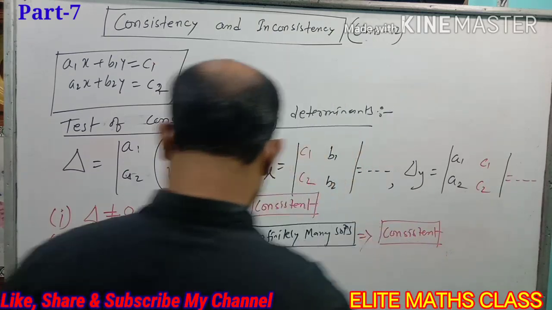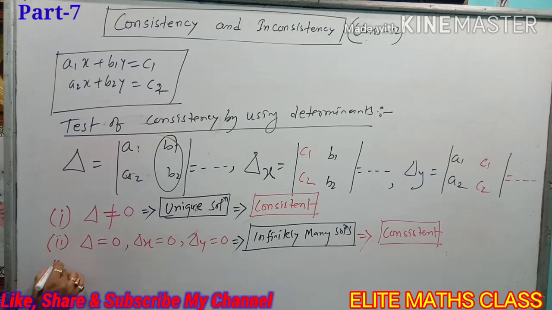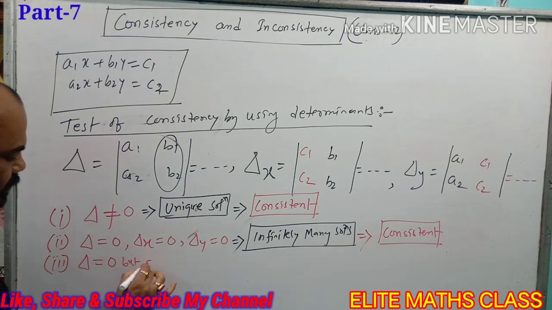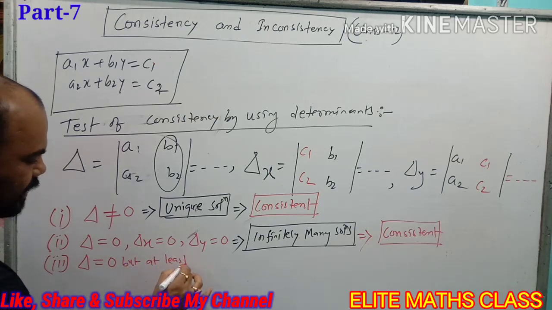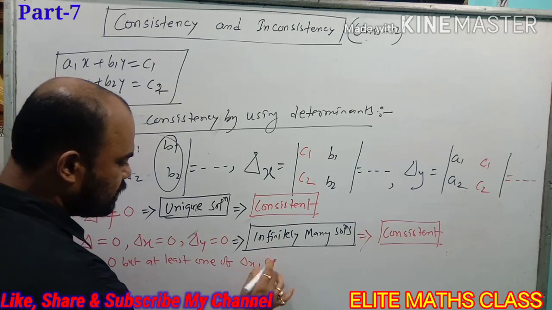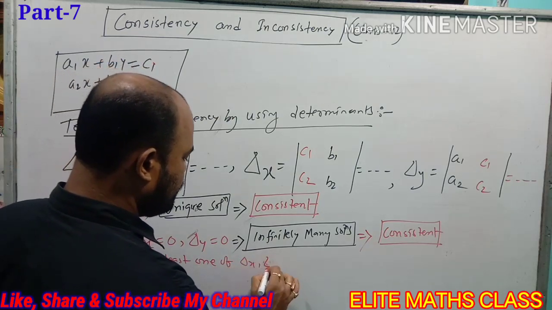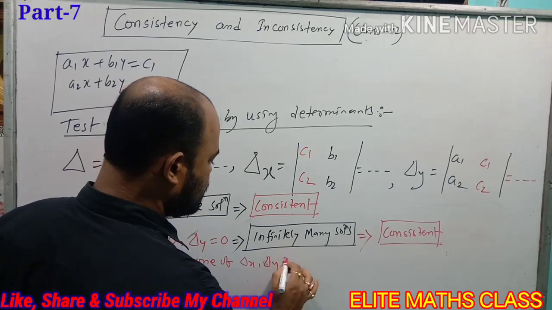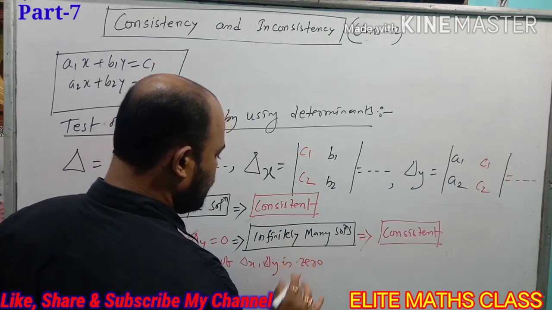Now what will be the third condition? In the third condition, del is equal to 0, but at least one of del x, del y is not 0. Clear?